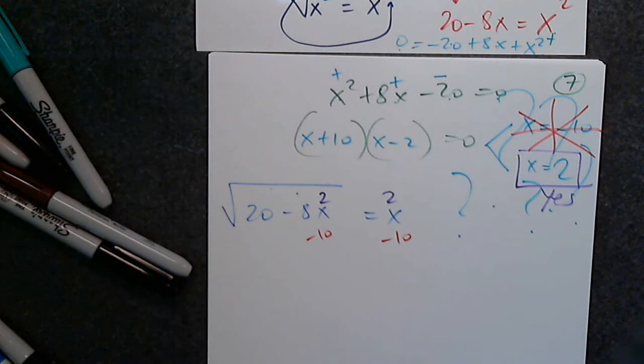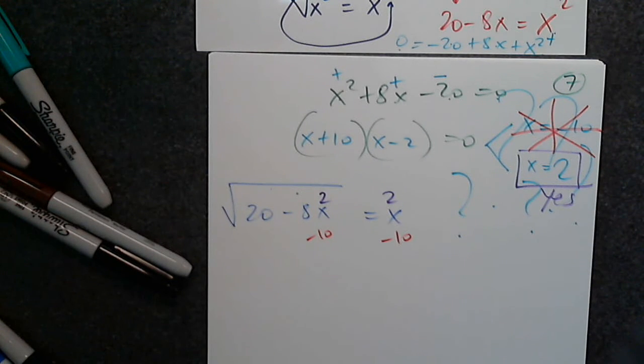That's what we mean by extraneous solutions. Negative 10 was a byproduct, a solution coming up from squaring both sides, but it has nothing to do with the original problem. It doesn't work. Very good.